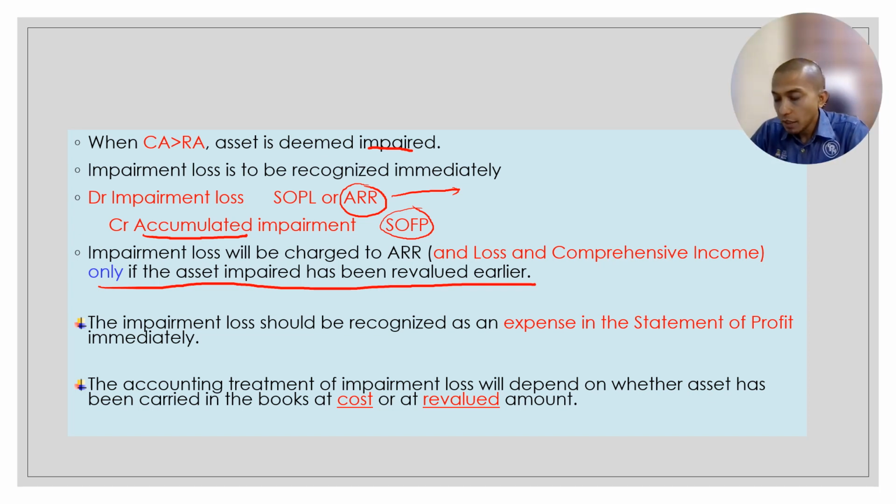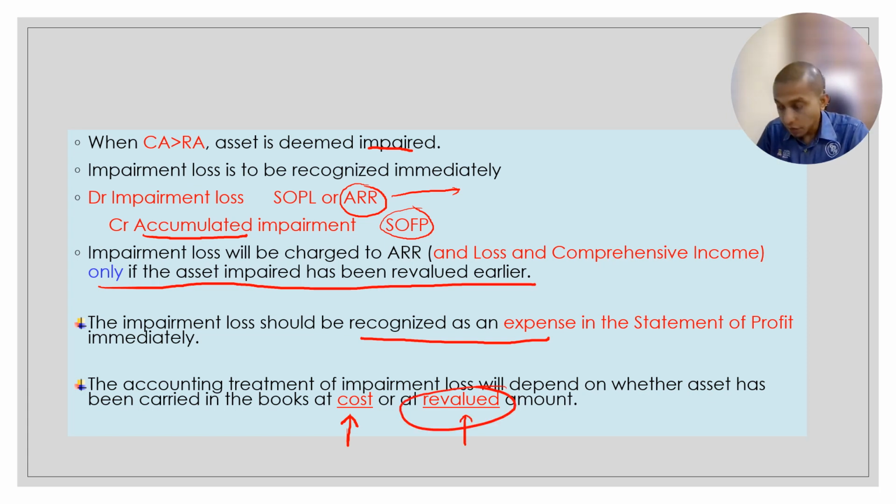So the impairment loss should be recognized as an expense in the statement of profit or loss immediately. All right. The accounting treatment of impairment loss will depend on whether the asset has been carried at cost or revalued. If it is revalued, then we can use ARR to cover it.